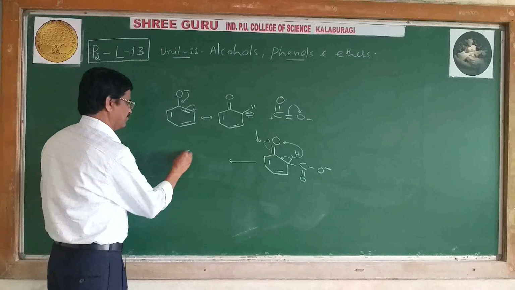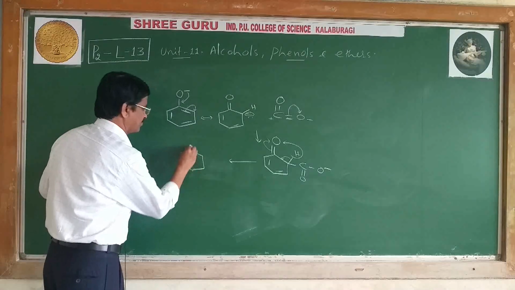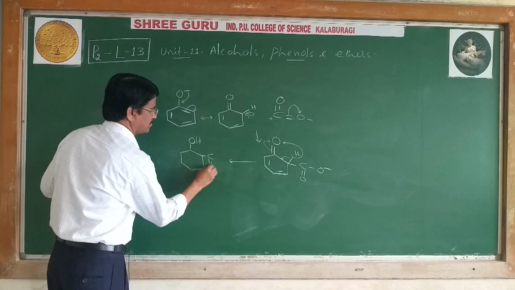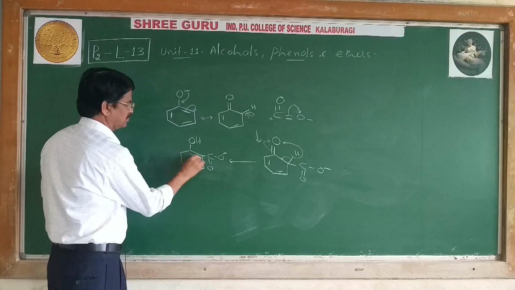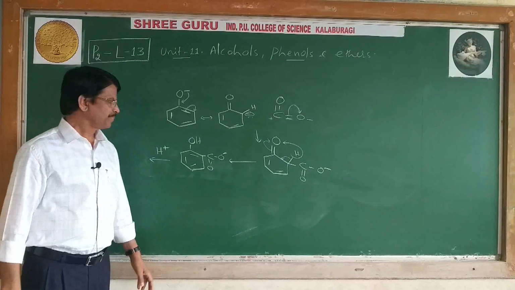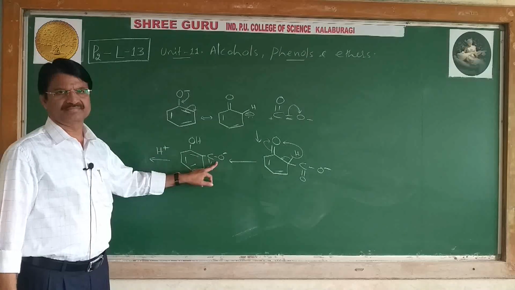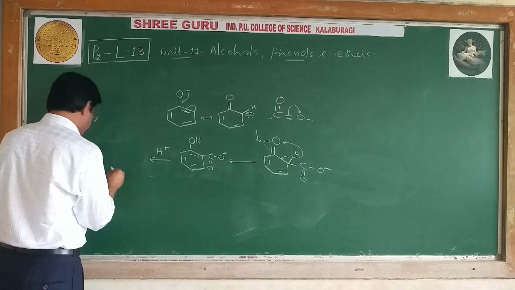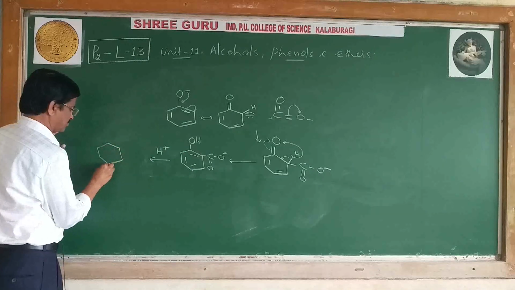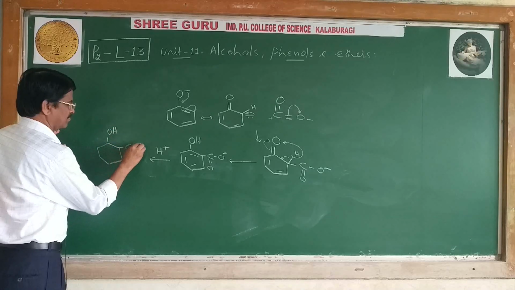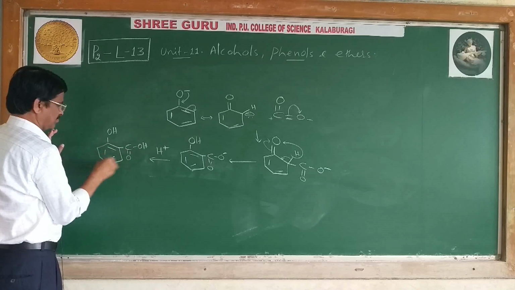Now it can form. Finally, this carboxylate ion attracts a proton from acid, then we get the product.